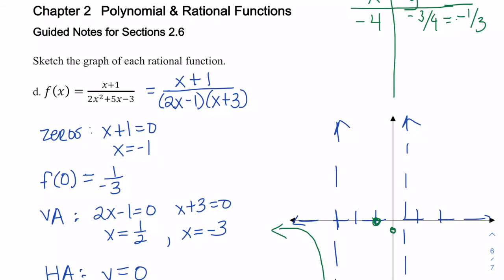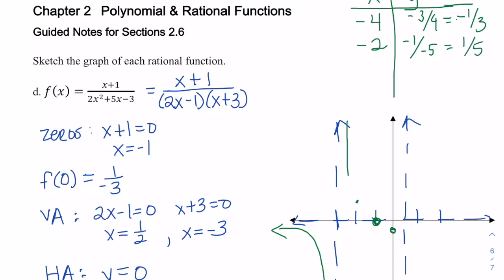We could try -2 because we want to see, does this touch, or, I mean, it's going to probably go through because it has a multiplicity of 1. But I just want to make sure. So we plug in 2 and we get -1 over -5 times 1. So that's going to be just 1/5. So that's up here.